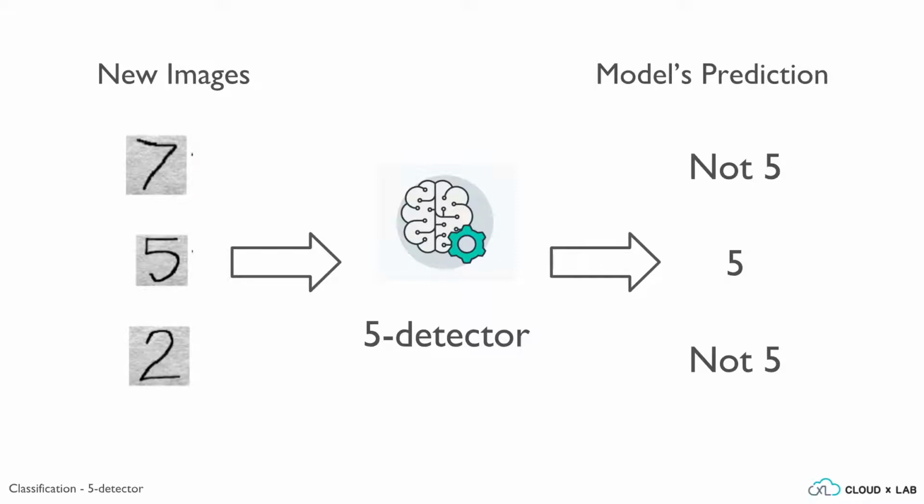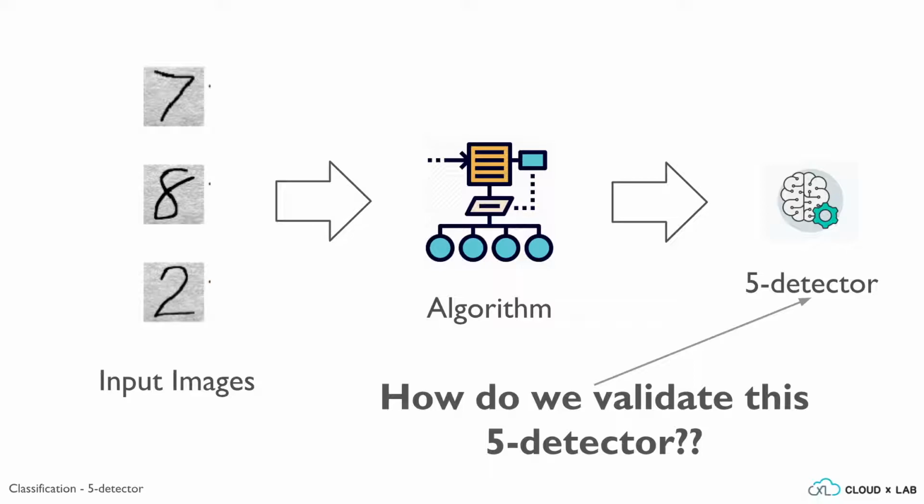Before training the 5 detector, the question which comes to mind is, how will we validate this model? Until we have a way to validate a model, we will not have confidence in the model. So, which performance measure should we use to evaluate the performance of 5 detector?